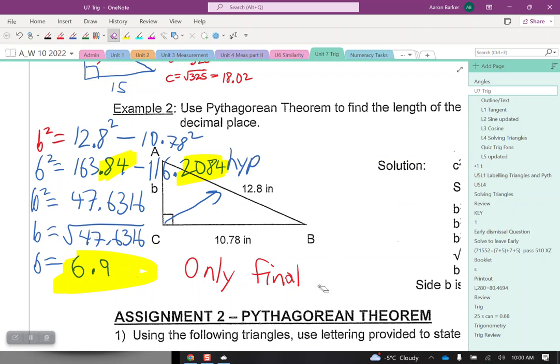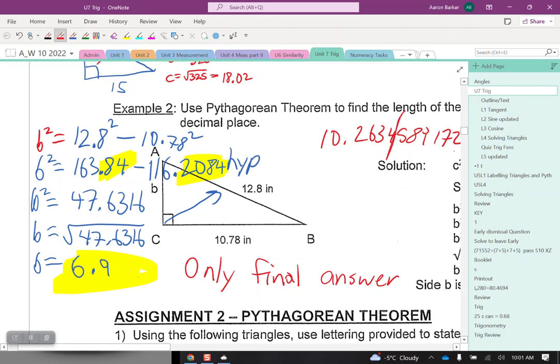Now, I'll be honest. I'm not going to lie to you. If I had some number like 10.263458917, and I don't know how to use my memory buttons on my calculator, I don't know how to keep all those decimals, how many decimals do you think I need to be accurate? 2, 3, yeah. 4 for sure.